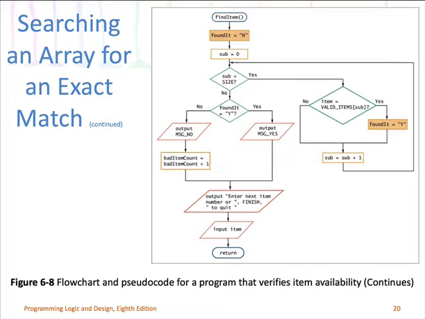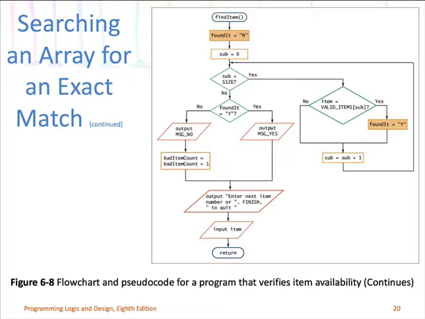If that equals the item number we're searching for, we set foundit to yes. Otherwise, we go ahead and increment the sub variable. I'll talk about that in a moment. Then we go back. Are we still less than size? Yes, we do it again.